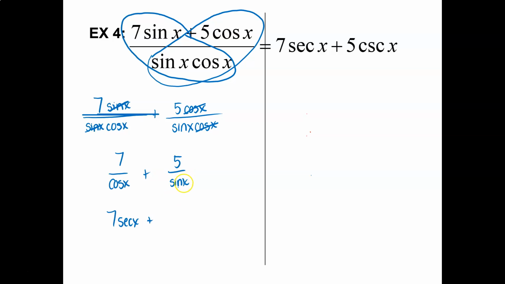And when sine x is on the bottom, that's like 1 over sine x, so that'd be 5 cosecant x, which matches this side over here. You don't have to know how to do it both ways. You have to come up with one of those ways, right? That'll work.